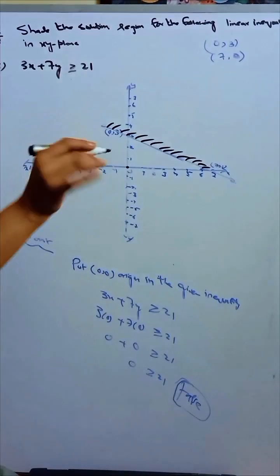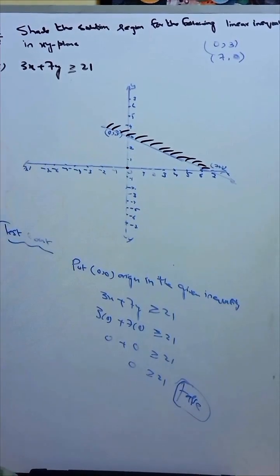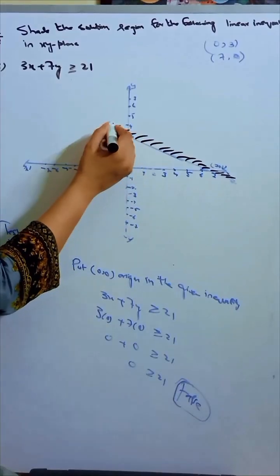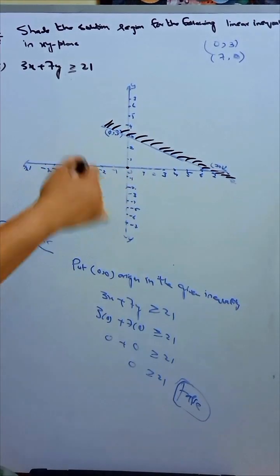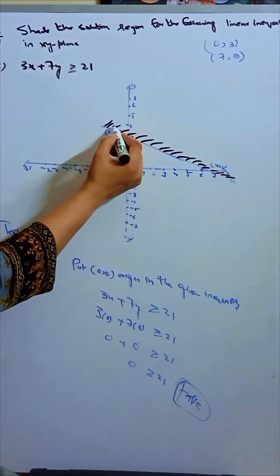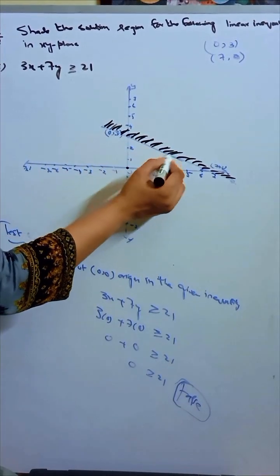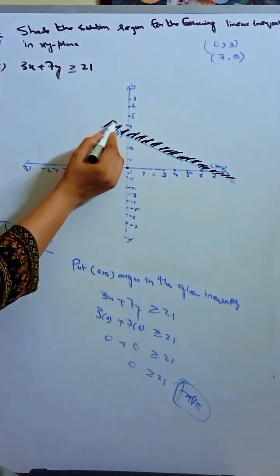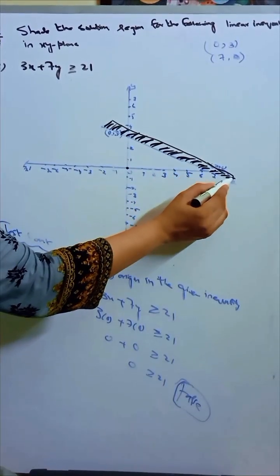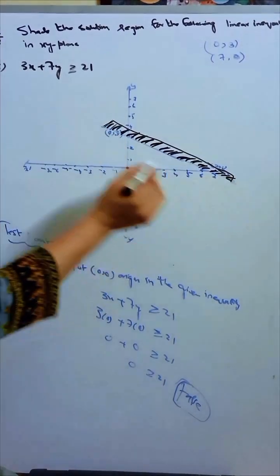I am using this marker, but you will solve it using your pencil. I am working on the board, that's why it shows like that. And by joining these two points, it makes a straight line, like a scale.